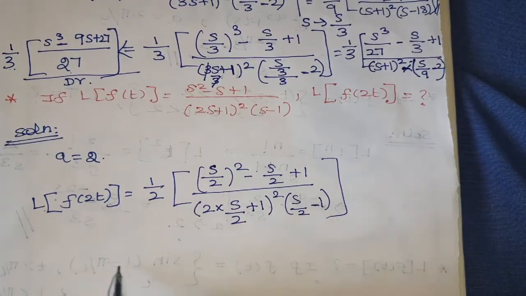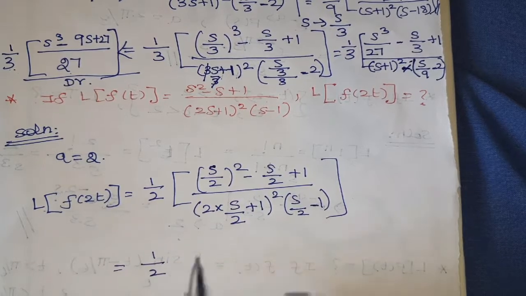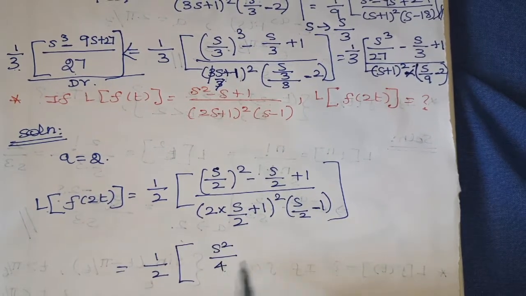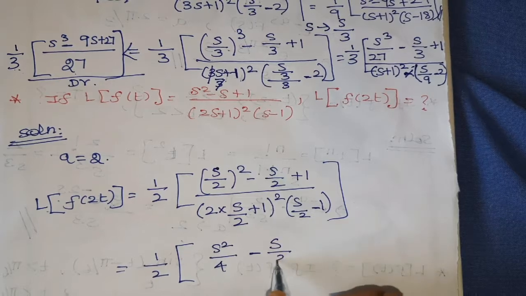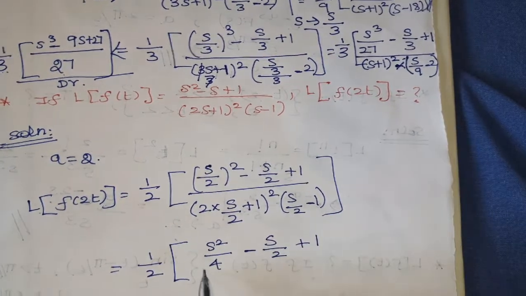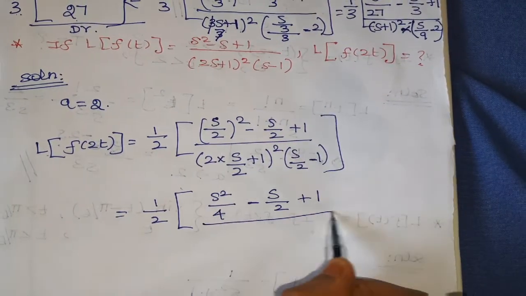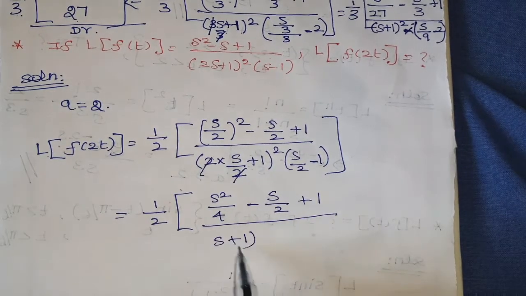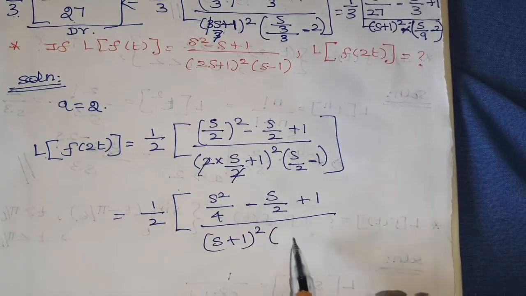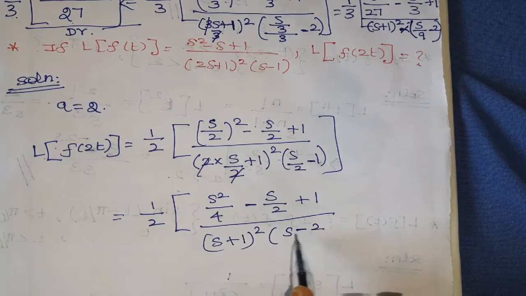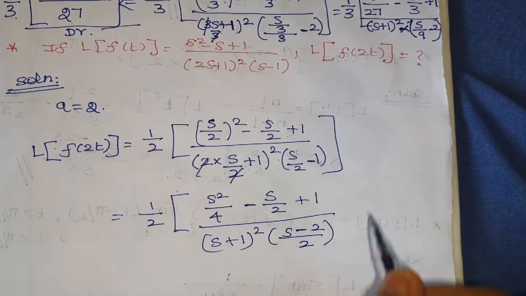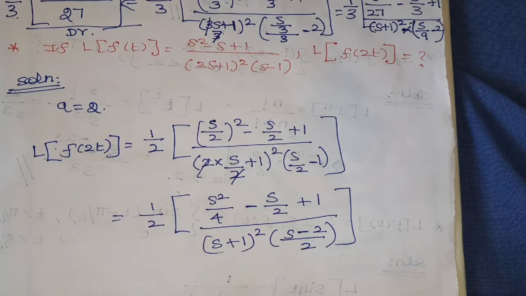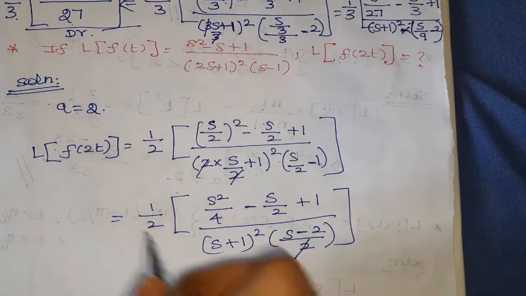Let's simplify further. 1/2 times (s²/4 − s/2 + 1) divided by (s + 1)², the 2 gets cancelled, by taking the LCM (s − 2)/2 here. Here the 2 gets cancelled.